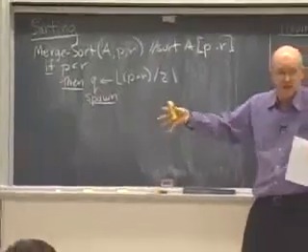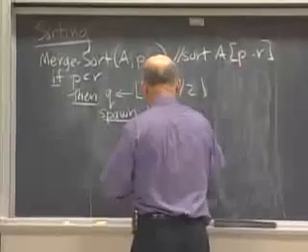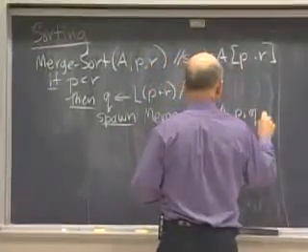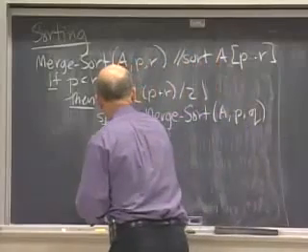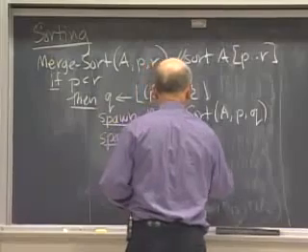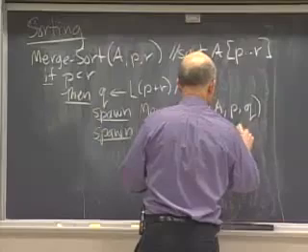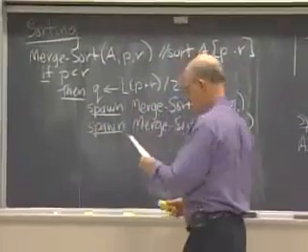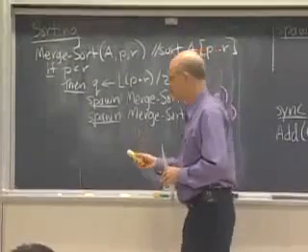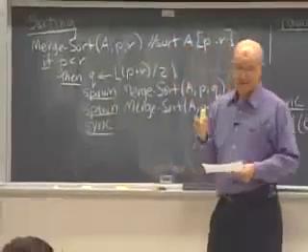There's no reason not to do those in parallel. Let's spawn off merge sort of A, P, Q, and spawn off merge sort of A, Q plus 1, R. Then we wait for them to be done. Sync. Don't forget your syncs. You sink or swim.